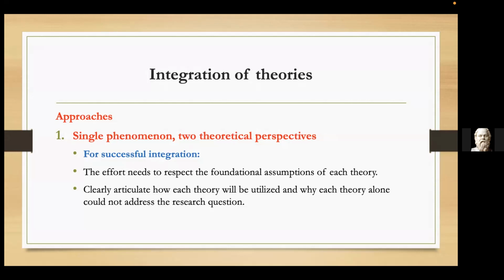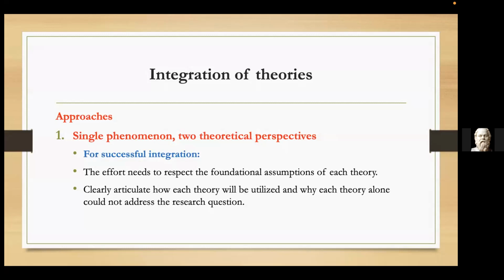So the first approach is where you have one single phenomenon being explained by two theories or from two theoretical perspectives, okay? One single phenomenon, meaning that you have two or more theories, but one common dependent variable, like the one we saw of financial performance.